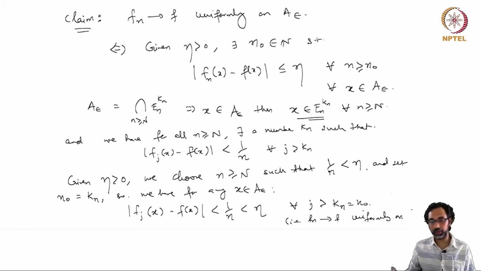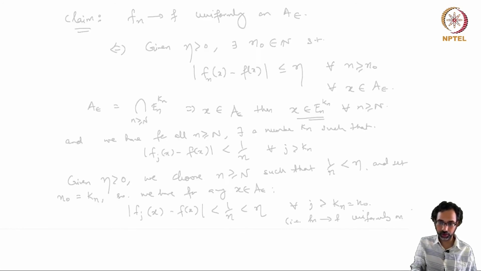So we have shown that given a pointwise convergent sequence on a measurable set of finite measure, we can find a set A epsilon on which it converges uniformly, and the exceptional set for which it doesn't converge uniformly has a measure as small as we want for a given tolerance level epsilon.